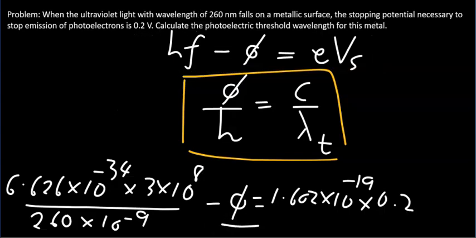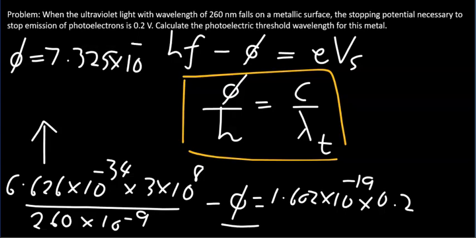Solving for the work function, this equation will give you the work function in joules as 7.325 times 10 to the power minus 19 joules.